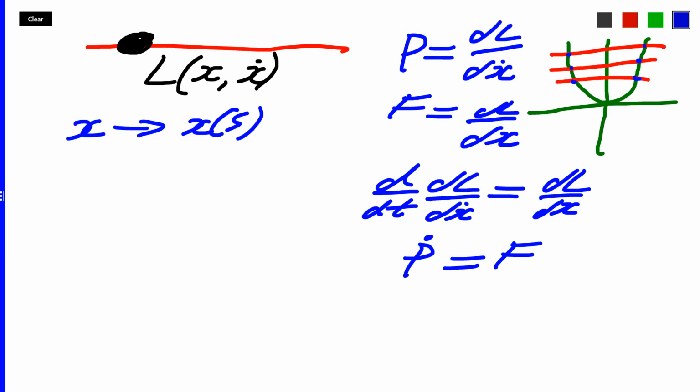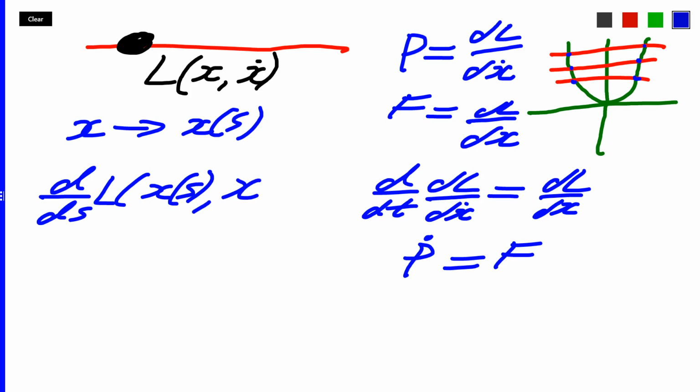Then we can say that d over ds of the Lagrangian with respect to this new x that we've created, and of course a new x dot. Notice all we've done is change the original Lagrangian. We've translated it by what we said we'd translate it by.